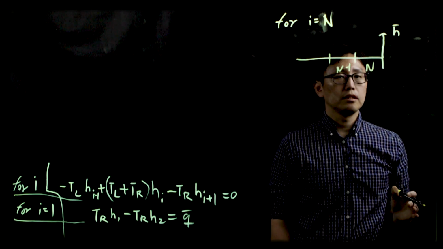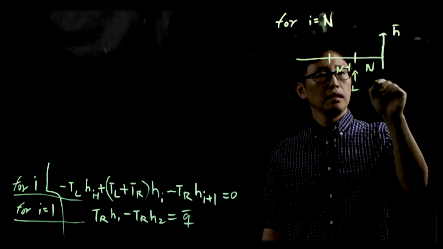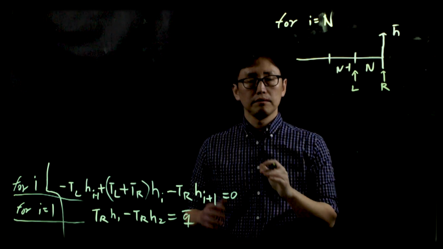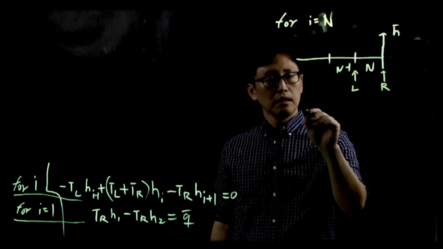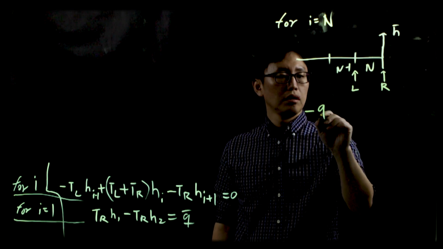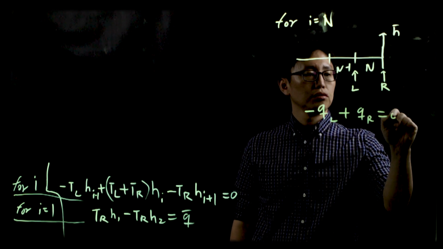And here the cell interfaces that we are looking at are L, R. Then the integrated mass balance equation tells that minus QL plus QR is equal to 0.